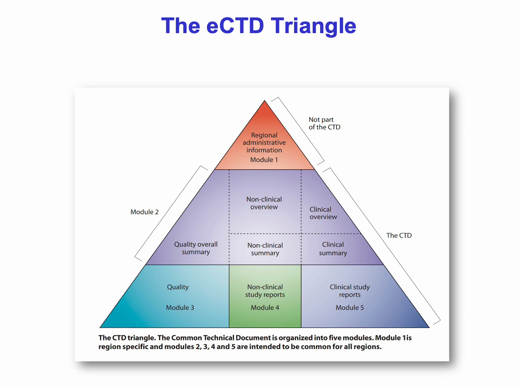So in module 2, we are going to have several placeholders, or again submodules, where we have to add the QOS, or quality overall summary. That quality overall summary is related to module 3, which is related to the quality of our product. Now in module 2, we also have non-clinical overview and non-clinical summary placeholders.